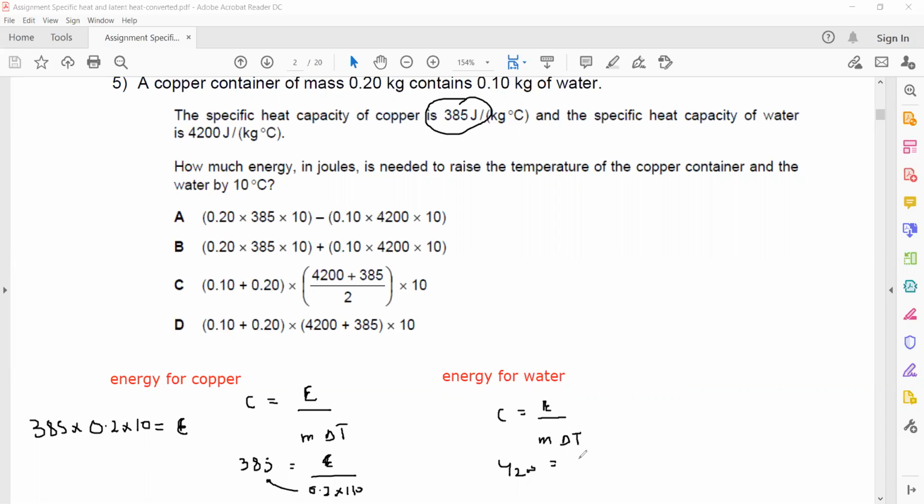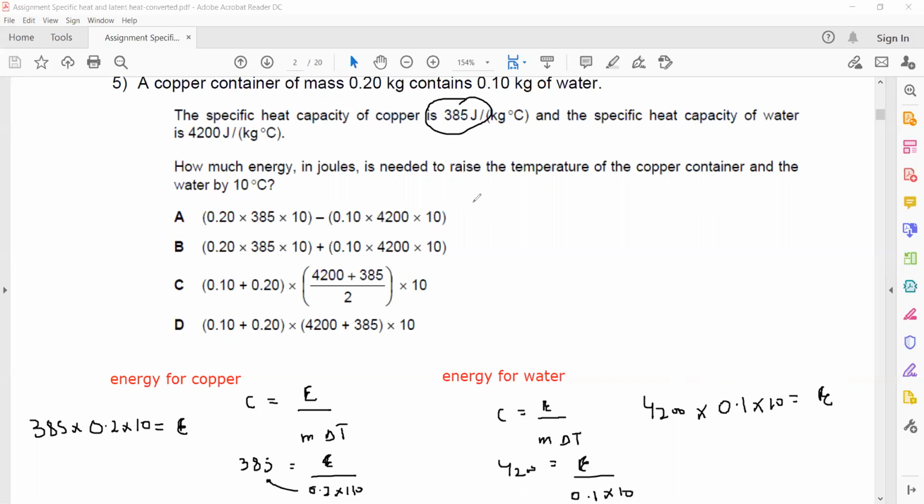The mass of the water is 0.1 multiplied by the temperature change 10. So the energy for the water is 4200 multiplied by 0.1 multiplied by 10. This is the energy for the water, and this is the energy for copper.